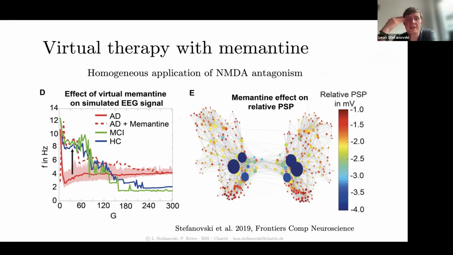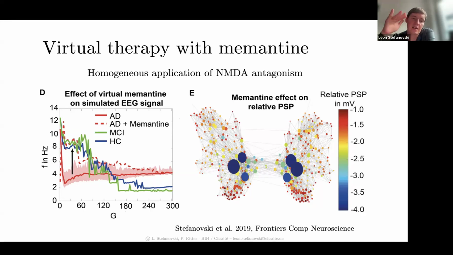And we wanted to see if we can reverse this by using an approved drug, memantine, which is an NMDA antagonist. The idea behind it is that it protects from the hyperexcitation. That was at least the initial idea when it was approved. And we implemented this exactly like this.